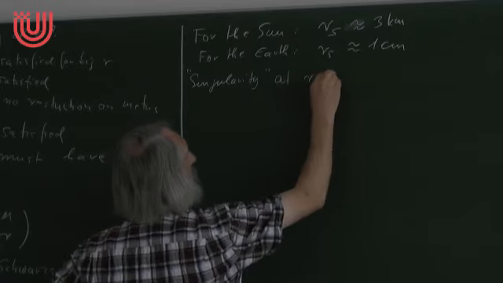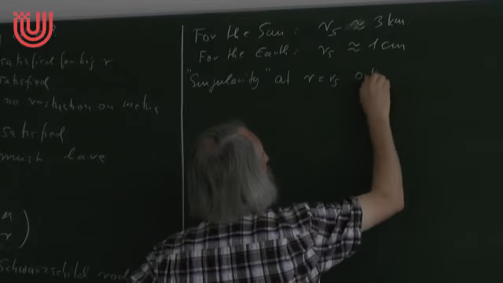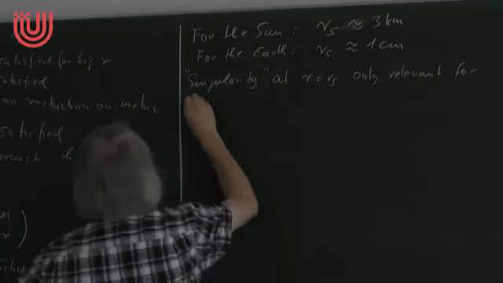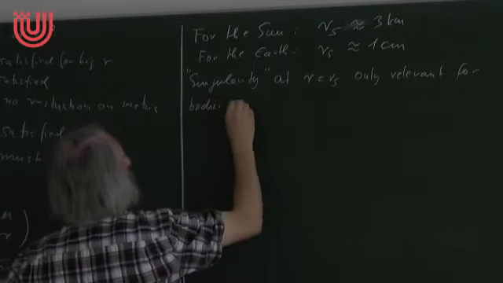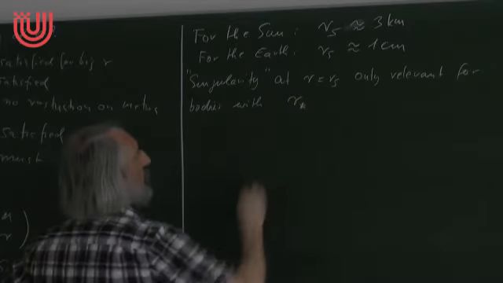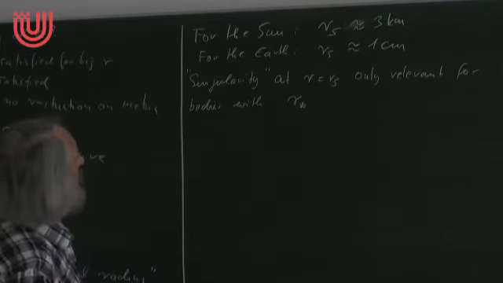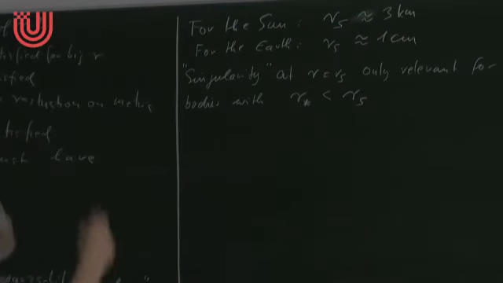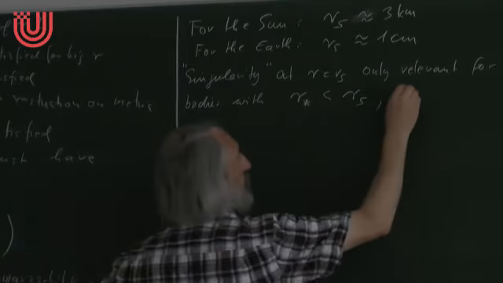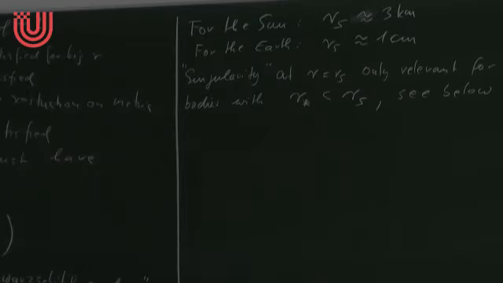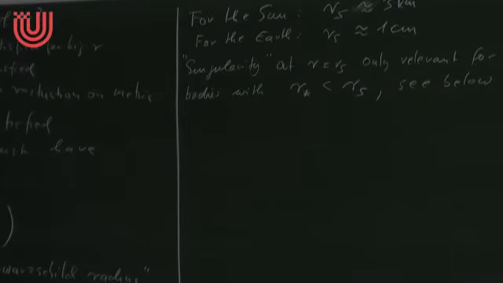Singularity at R equal Rs only relevant for bodies with R star, that was the symbol I used for the radius of the object, for the star, whatever it is, if this is smaller than Rs. And that's obviously not the case for the Sun and for the Earth. And we will discuss this later, next Wednesday, I think, when we talk about black holes, Schwarzschild black holes.